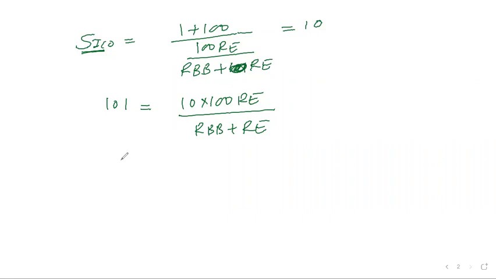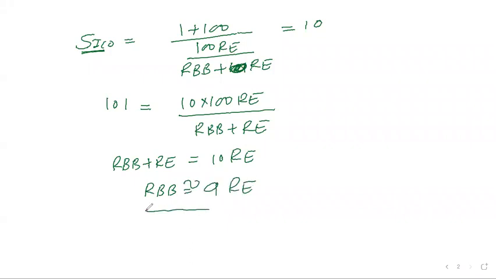Or RB plus RE is equal to 10 times of RE, because this will come to this side. Approximately I calculate 100 and this one I calculate. So I can say that RB is approximately equal to 9 times of RE. This is the relationship you got. If you want stability factor equal to 10, RB is 9 times of RE.